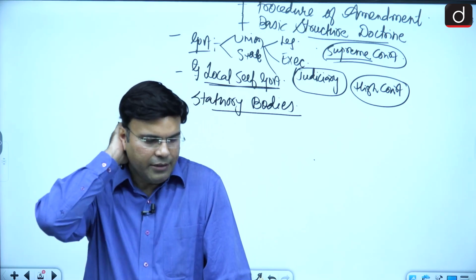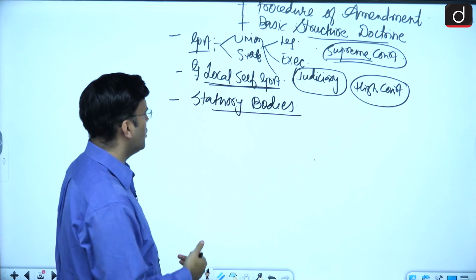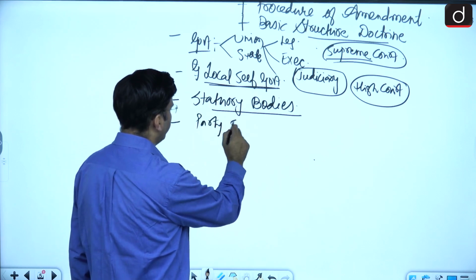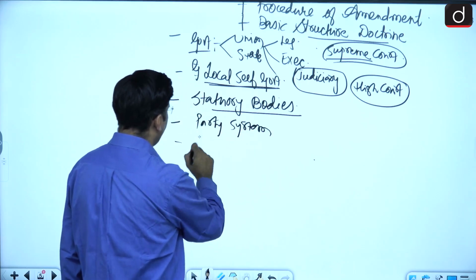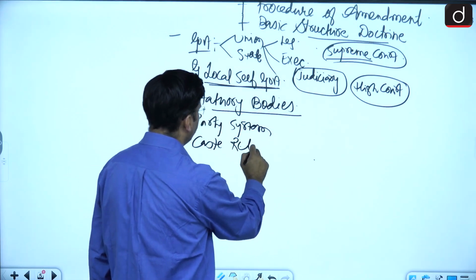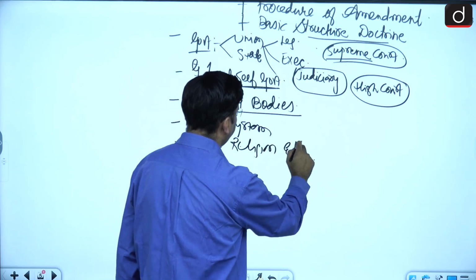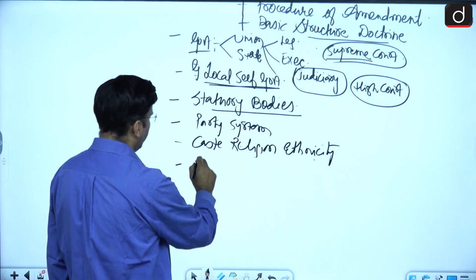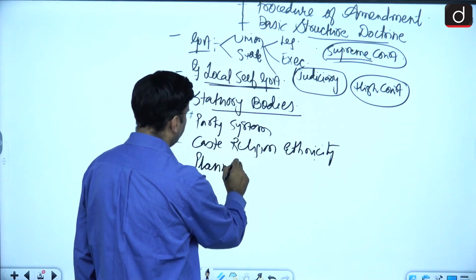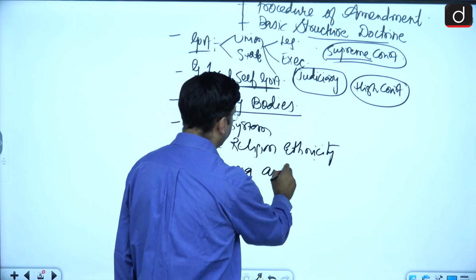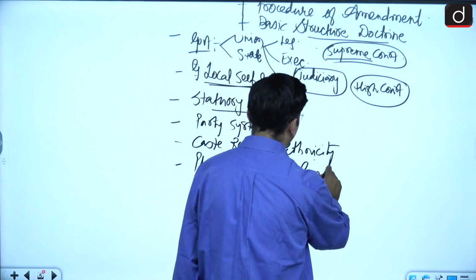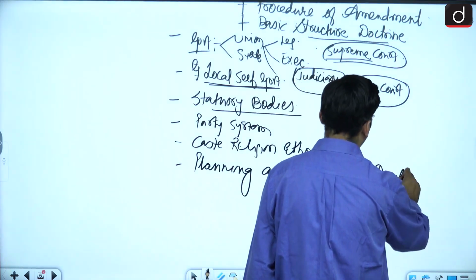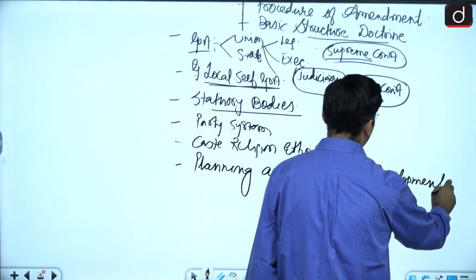Okay, and then finally what we do is we focus now on the political processes. So party system, caste, religion, ethnicity. Then we focus on planning and economic development.